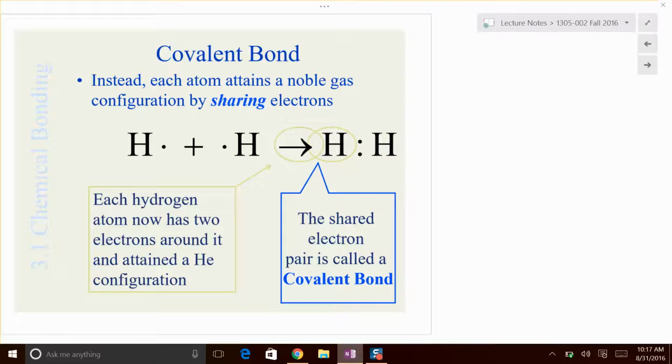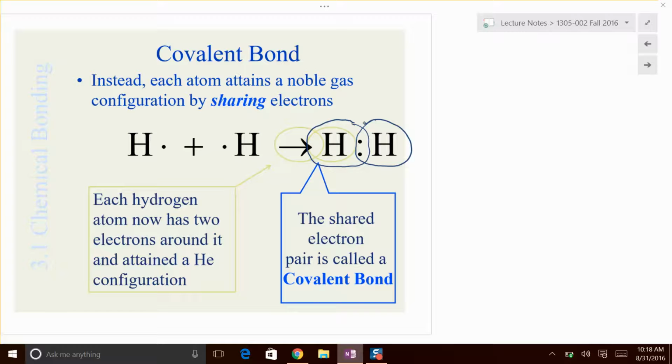Look what happens. This electron and this one come together and they are shared. Those electrons are going to orbit this hydrogen, and they are going to orbit this hydrogen. So how many valence electrons does this hydrogen have now? 2. How many does this have? 2. They both have 2 valence electrons. Okay?